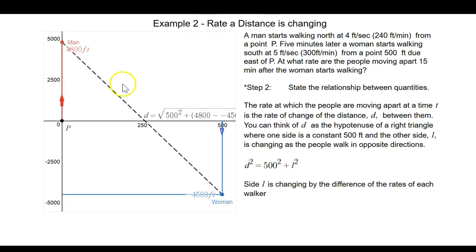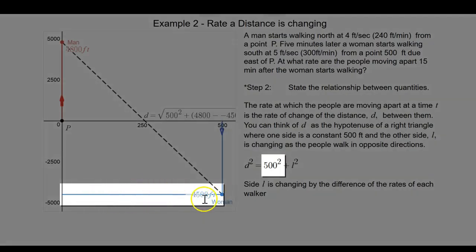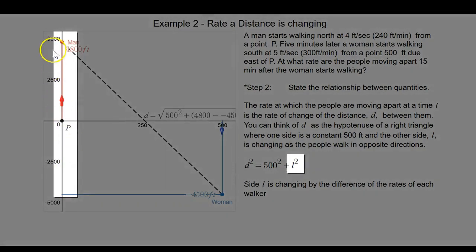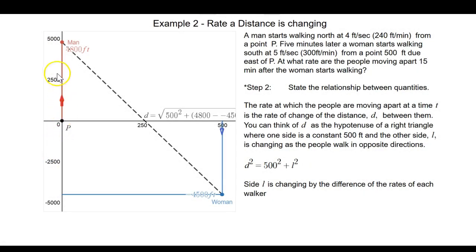So notice that now we don't have to have any equations of lines anymore. So our relationship is given by the Pythagorean theorem. This hypotenuse squared equals 500 squared plus this side length squared. And that side length, like I said before, is just the sum of the absolute value of the distances that each has gone on their path.